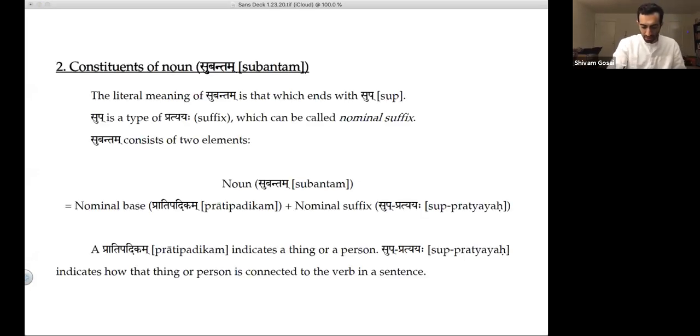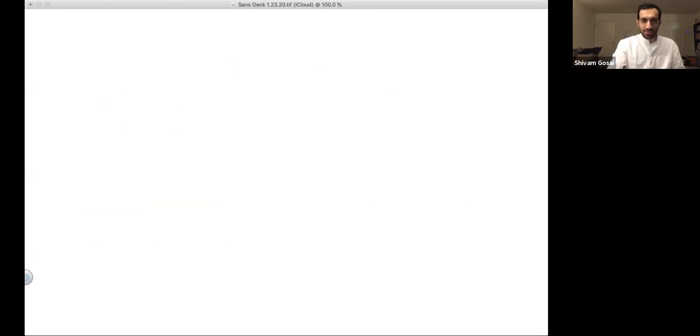Now, on page 67, you'll see this on the first page. So constituents of a noun. So what we've seen before is that a noun is also called a subantam.